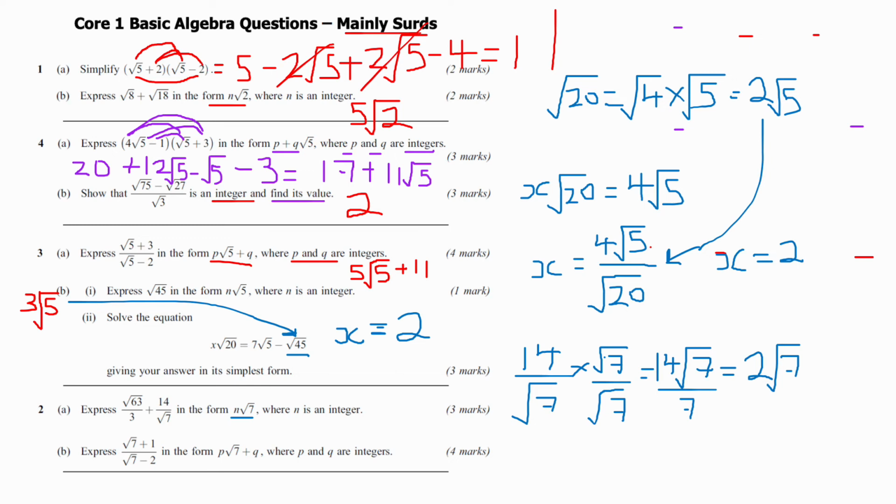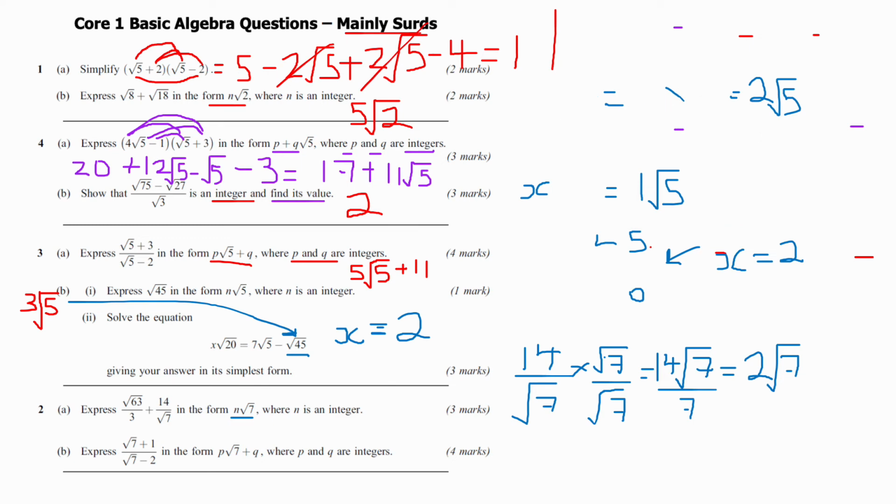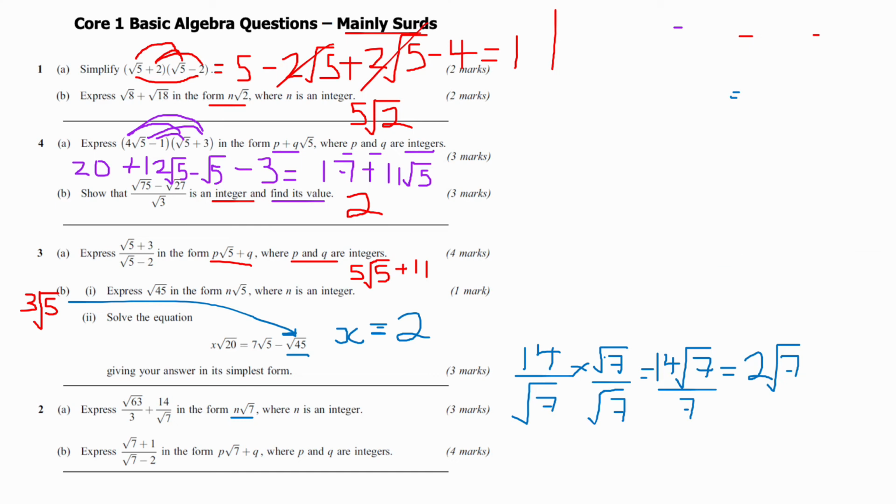Okay. So the square root of 63 divided by 3. Well, I can simplify root 63 as root 9 times root 7. So root 63 is root 9 times root 7.